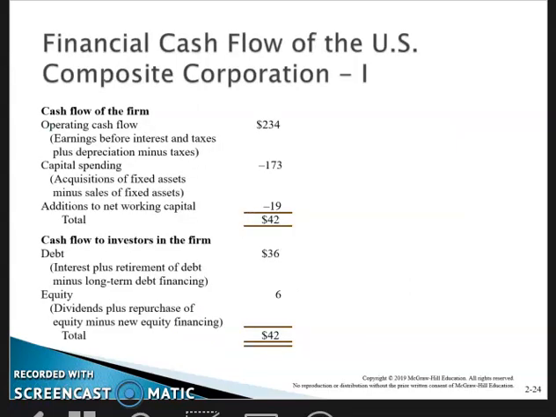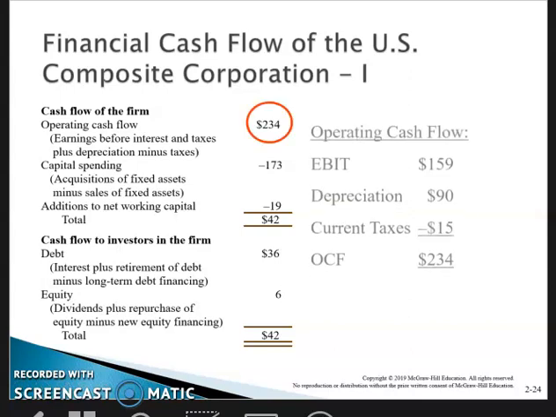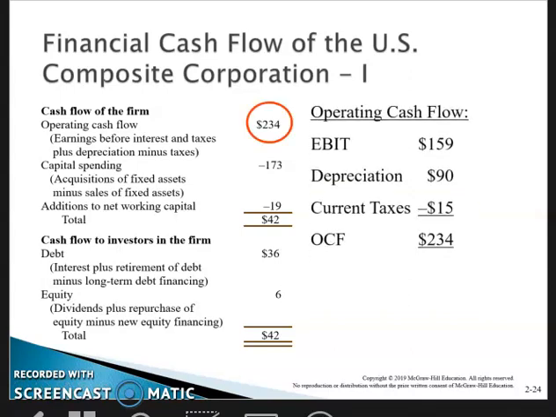So, for the cash flow of the firm, here we have operating cash flow, which is EBIT plus depreciation minus the current portion of taxes. We wouldn't be concerned with any accruals.